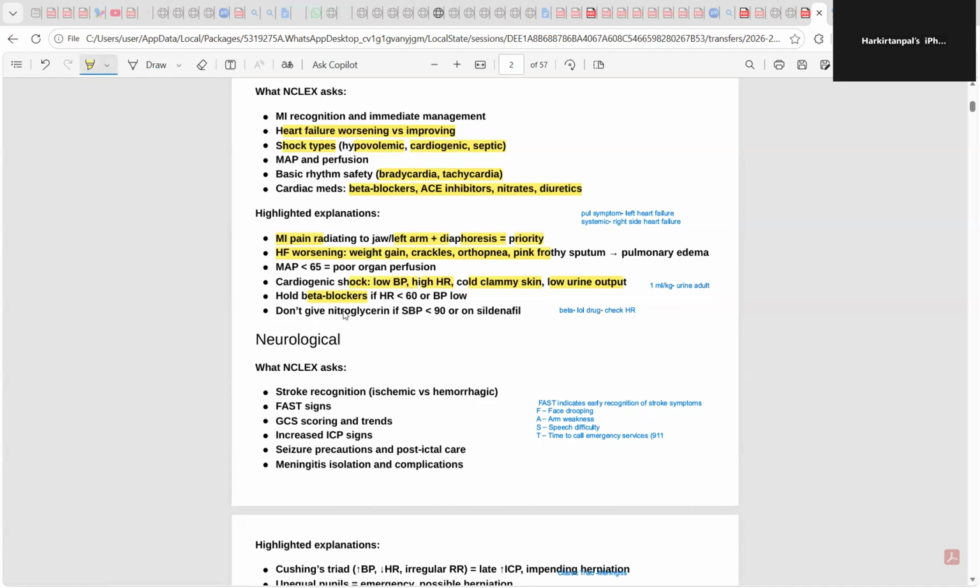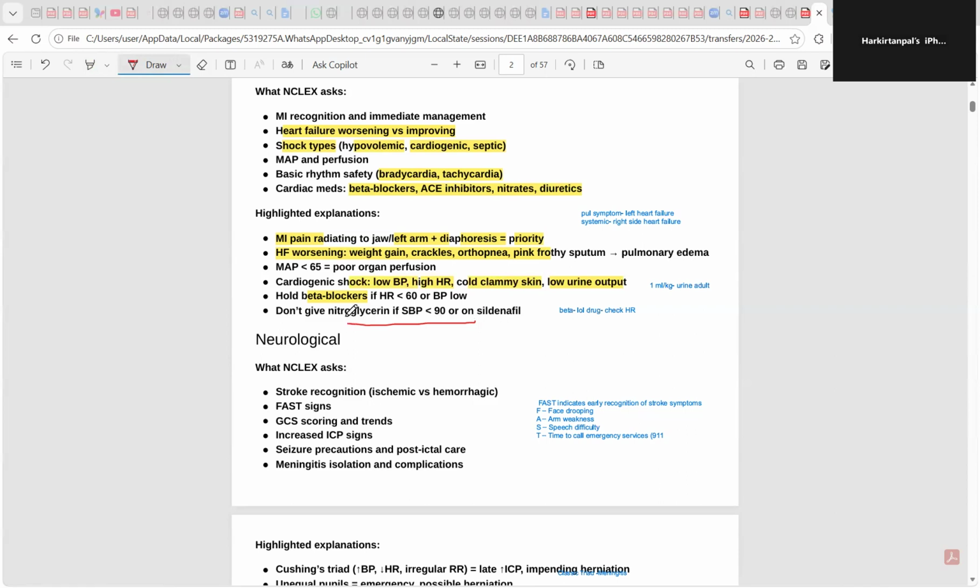Even in an MI patient, if the client is having chest pain, we will recommend rest, and if it is not relieved by rest, we will administer nitroglycerin. But before administration, always verify the blood pressure. If the blood pressure is lower than normal, we should not administer nitroglycerin. That point is very important for the question. Nitroglycerin is not administered if the systolic BP is less than 90.